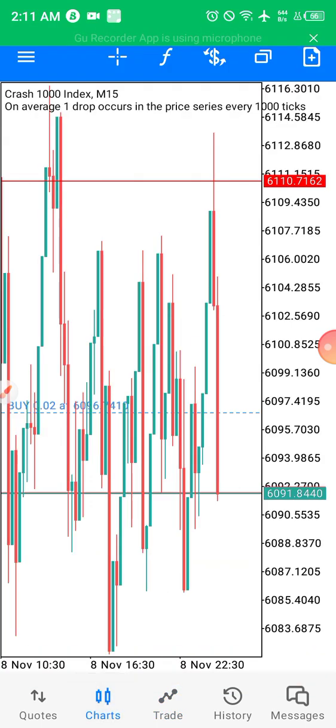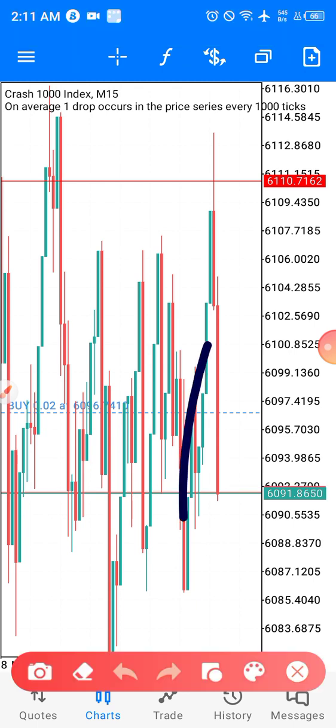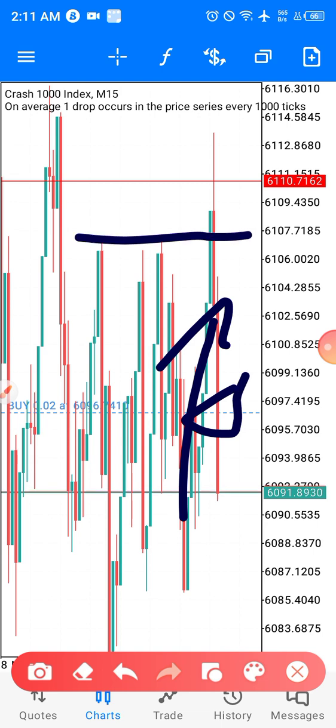Now another disadvantage of that is that when you are following it upward, from this point of entry to somewhere here, it will not give you more than maybe 10 cents. No, it's going to be more than that because of this distance. So let's say 50 cents. From here to here will give you 50 cents.